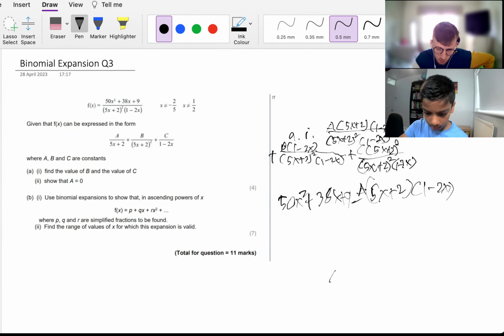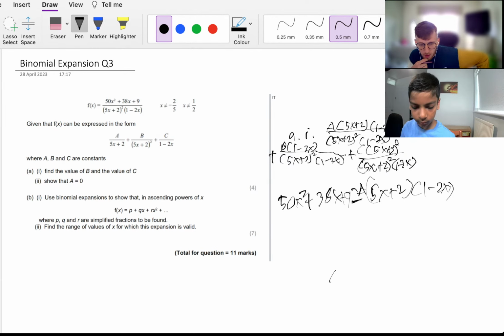Yeah, so essentially what you're doing, just for the watchers, is going through the method you would go through if you were adding those fractions. So finding the common denominator, which would be 5x plus 2 squared times 1 minus 2x, timesing the fractions by the relevant factor, then simplifying and equating the numerators only, because then the denominators are the same.